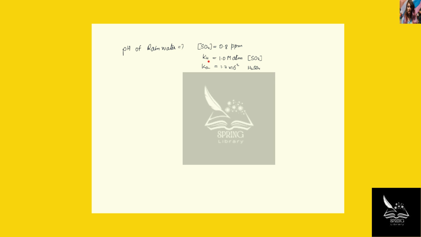KH for sulfur dioxide is 1.0 molar per atm, and the dissociation constant for the acid, sulfurous acid H2SO3, is given as 1.7 multiplied by 10 raised to the power minus 2. Under these conditions, we have to calculate what is the pH of the rainwater.